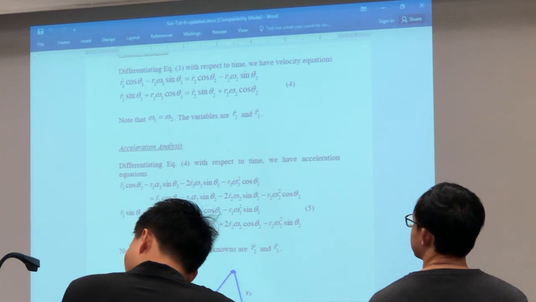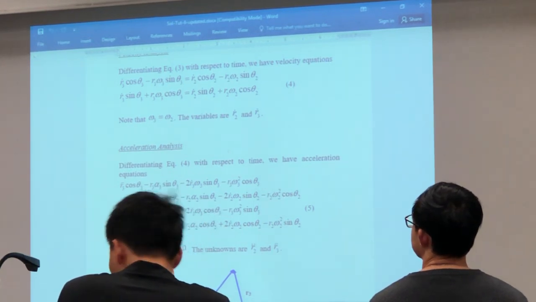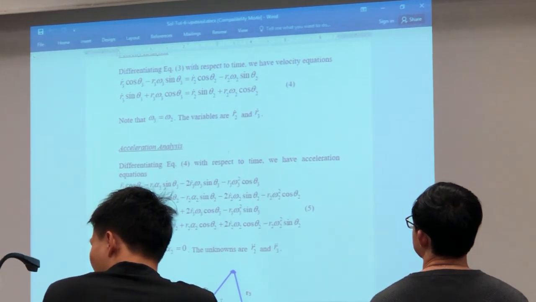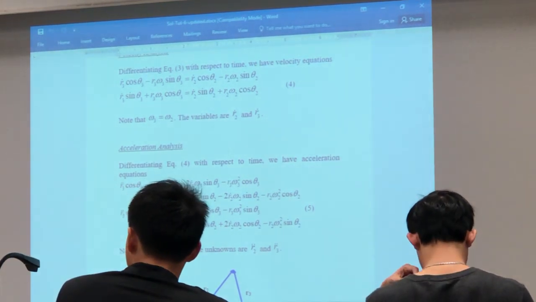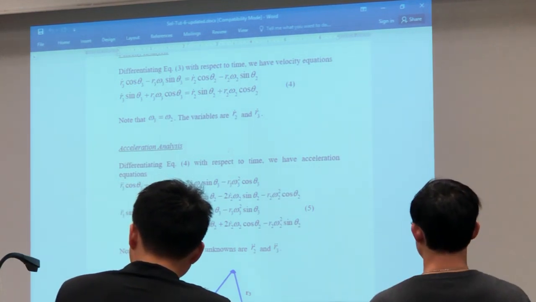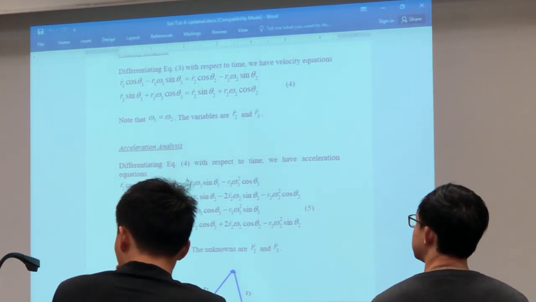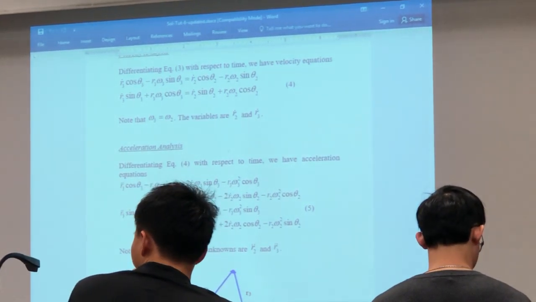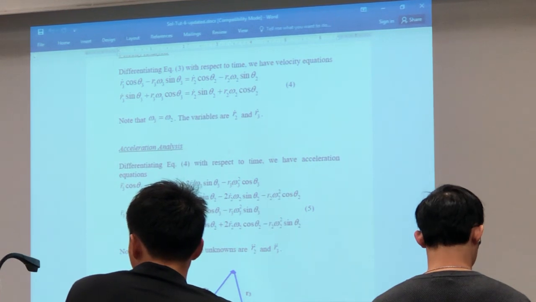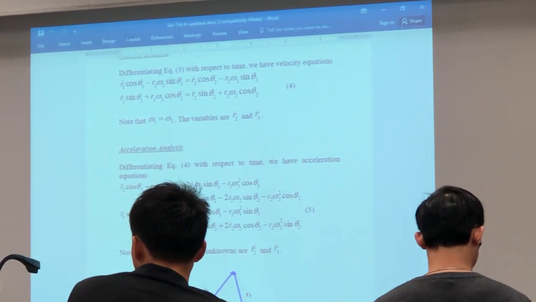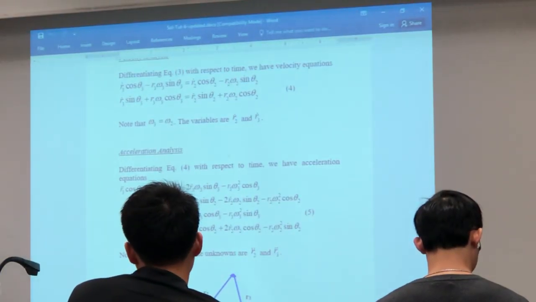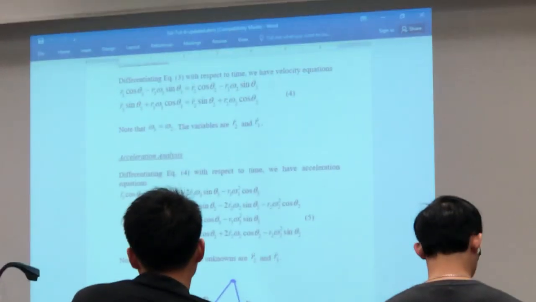If you differentiate this, theta 3 differentiated becomes omega 3, theta 2 becomes omega 2, and this constant differentiated becomes 0. So omega 2 equals omega 3. This is what we call a velocity equation. From the velocity equation, you can solve for R2 dot and R3 dot, the sliding velocities.